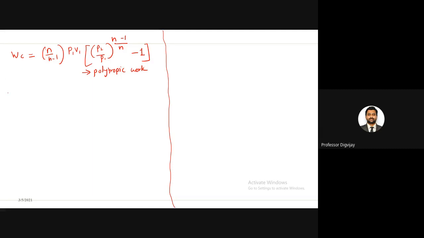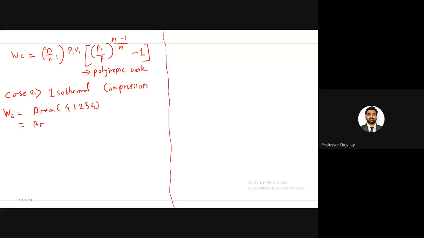Now second case, here we have case 2 as an isothermal compression. Again, if you want to calculate the work required, the compression work, that will be equal to area 4 to 1, 1 to 2, 2 to 3, 3 to 4. How to calculate this area we have seen earlier.